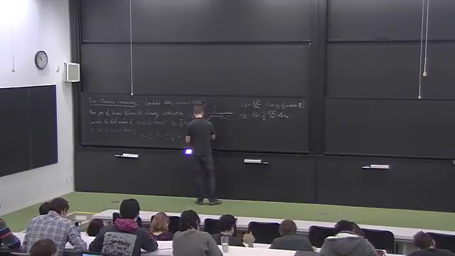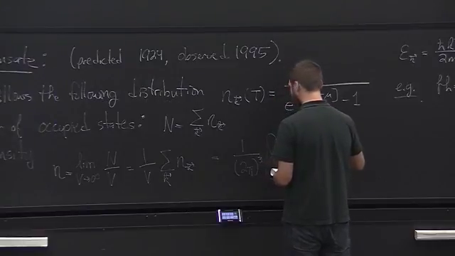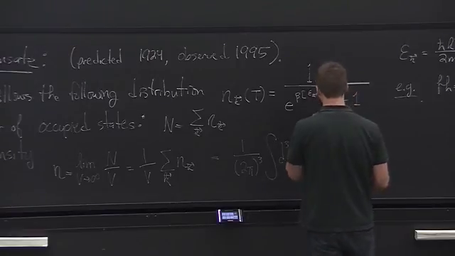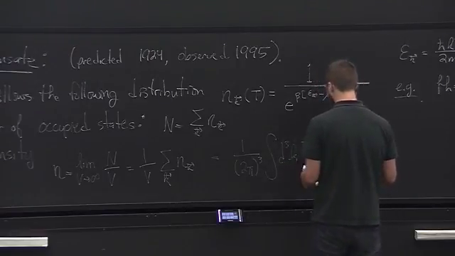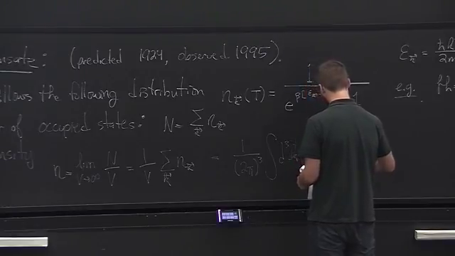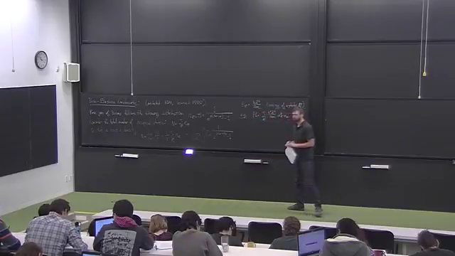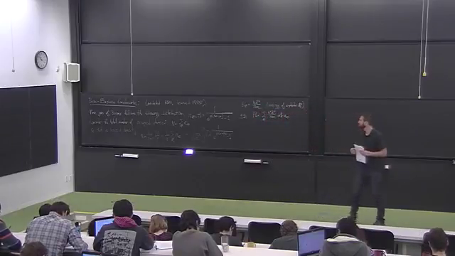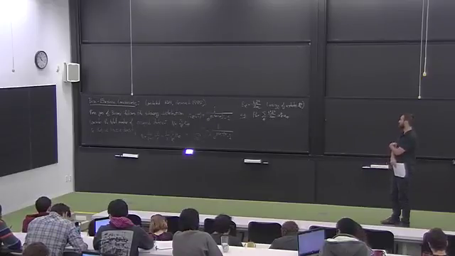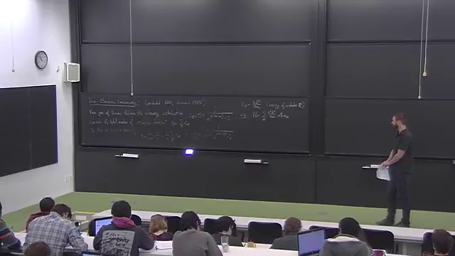So I get rid of that V if I look at the density, which is the only reason to use a density. Just make it look a little nicer. So then this is 1 over e to the beta epsilon k, minus beta mu, minus 1. Okay, so all I'm doing is writing down an expression for the total number of particles by summing over states, and I'm dividing by the volume.